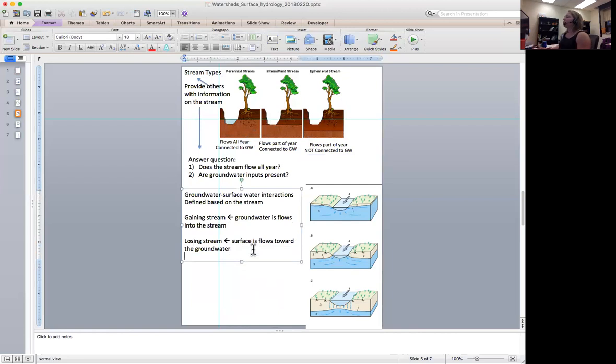And then you can have also what's called disconnected streams. Now these streams are also losing, but they're losing to an unsaturated zone.